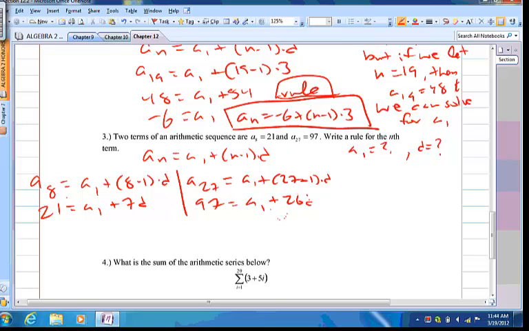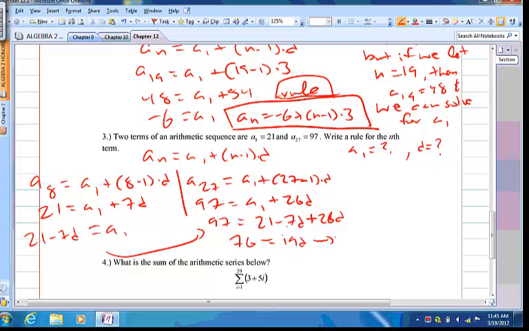We can solve for D. There's a bit of algebra here to do some substitution. Move things around, you get 76 equals 19D, so D equals 4.